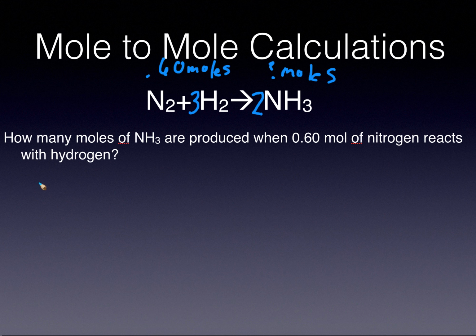Just like any other dimensional analysis problem, we're going to write down what we know: 0.60 moles of N2. When you're at moles of your initial reactant or product, think of it like you're at the E-ZPass station for people that drive. A lot of times before you go over a bridge, you have to go through the E-ZPass station.